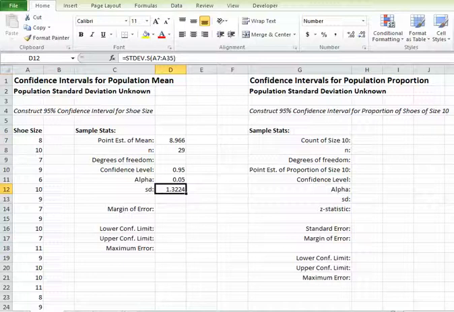At this point, I want to refer you to page 359 in your text. In figure 8.4 at the bottom of the page, your author shows you how to use Excel to calculate this confidence interval. Study this information. In particular, I want to look at the margin of error section.